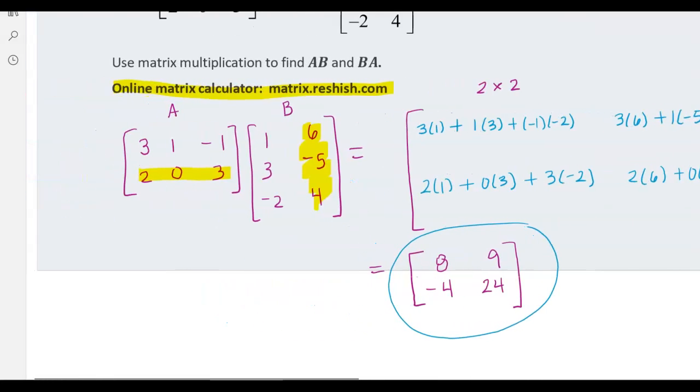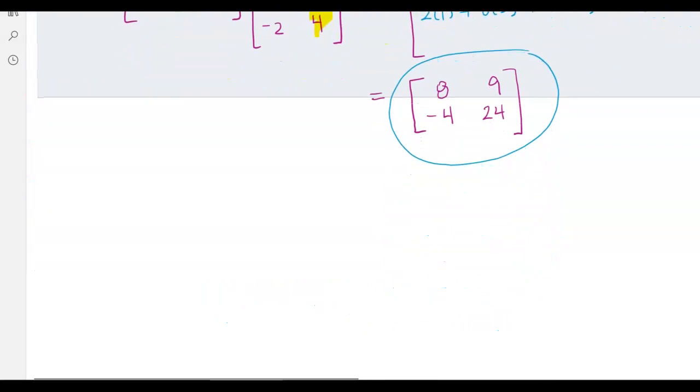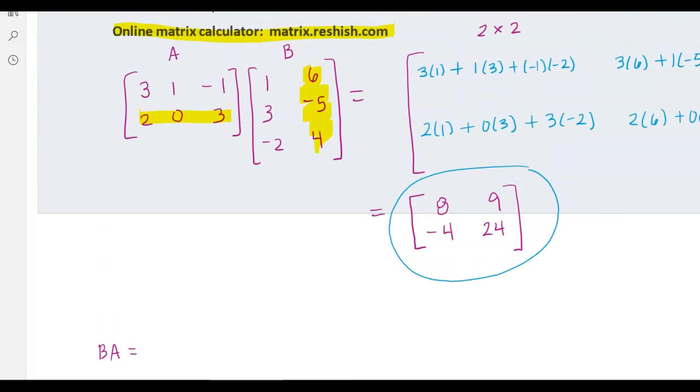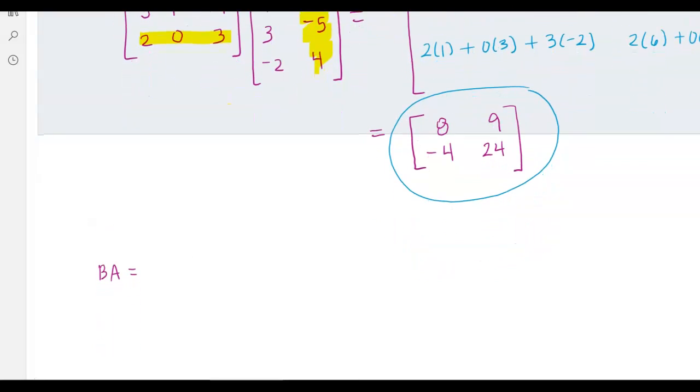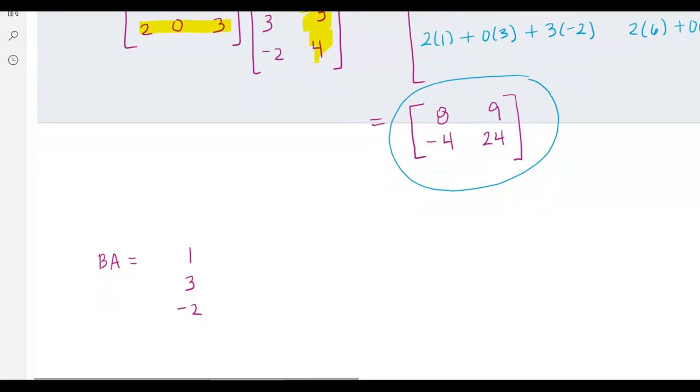All right, let's do one more example. This time we're going to do matrix B times matrix A. So matrix B was, let me scroll down a little, 1, 3, -2, 6, -5, 4.